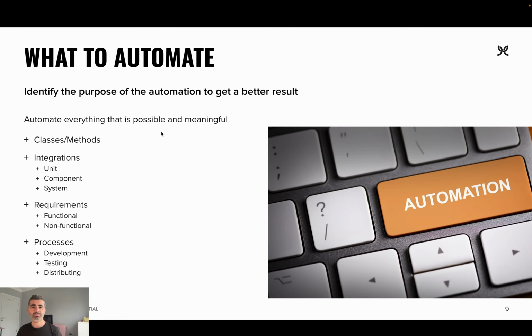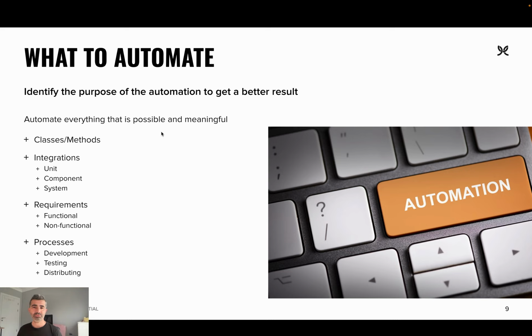So what to automate? After checking all the tests on the matrix, we can talk about the aim of the automation. First, we should identify the purpose of the test automation so as not to lose focus and not to focus on another area.